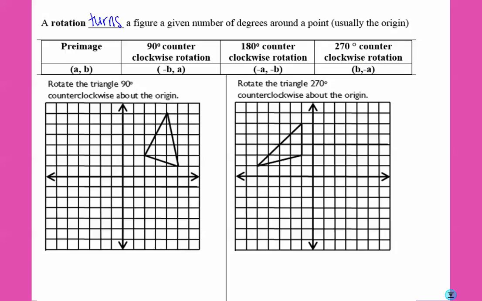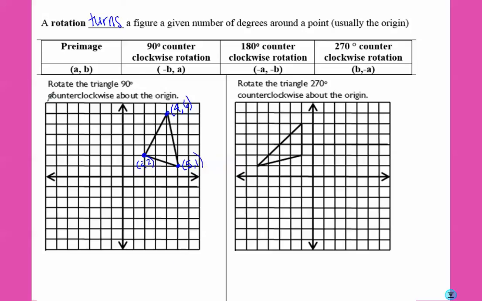So let's look at our pre-image here, this triangle. It has the coordinates 2, 2, 4, 6, and 5, 1.